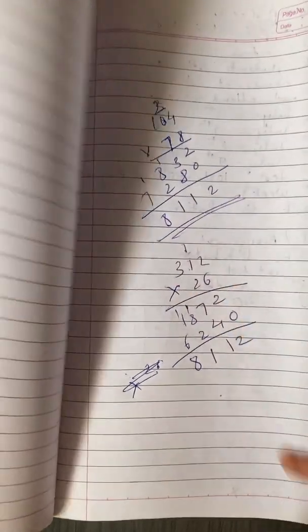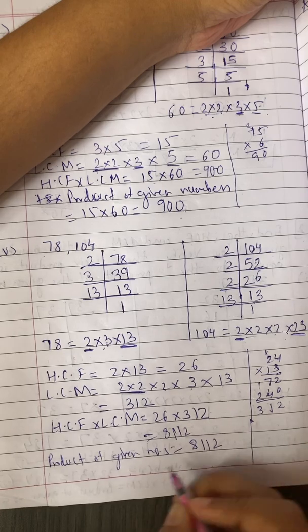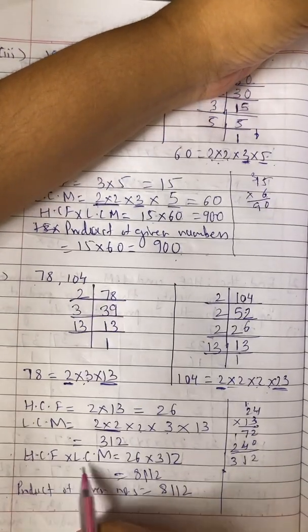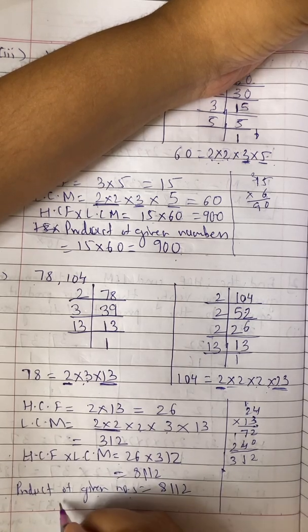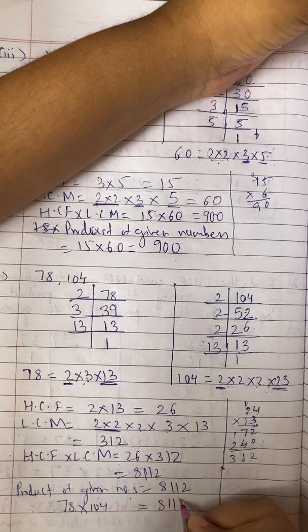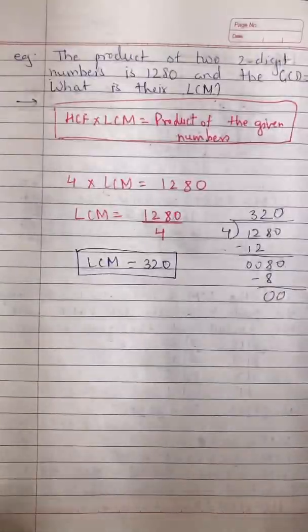Again you get the same answer if you see properly. 8,112. So you can see here, this answer we also cross-checked. HCF into LCM is equal to the product of the given numbers, right, which was 78 into 104. So this is how we solve the sums from practice set 30.